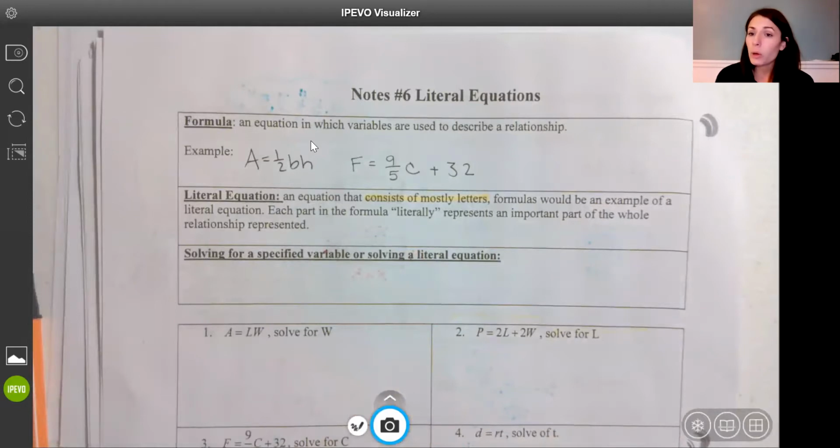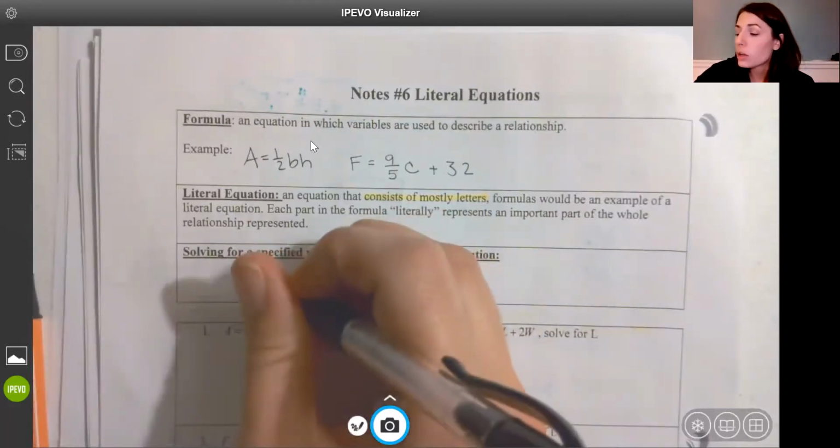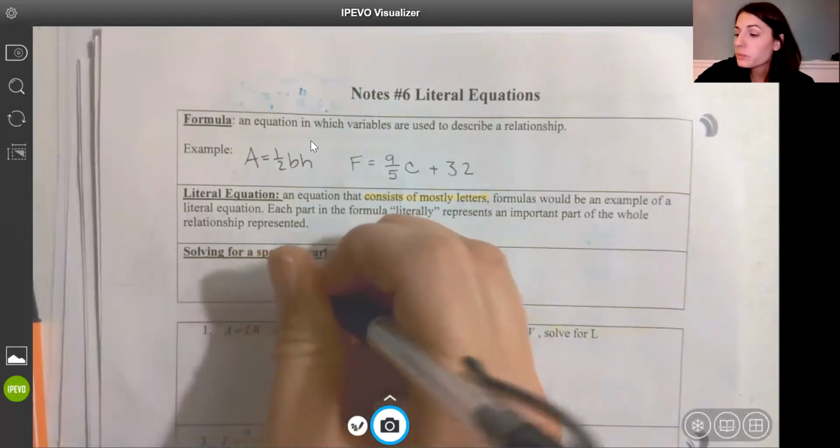Now, what we're going to be doing is solving for a specific variable, one that we're asked to solve for in this formula or literal equation. The idea here is to transition from just solving for x to being able to reorganize any equation or formula to isolate a specific variable using our inverse operations.